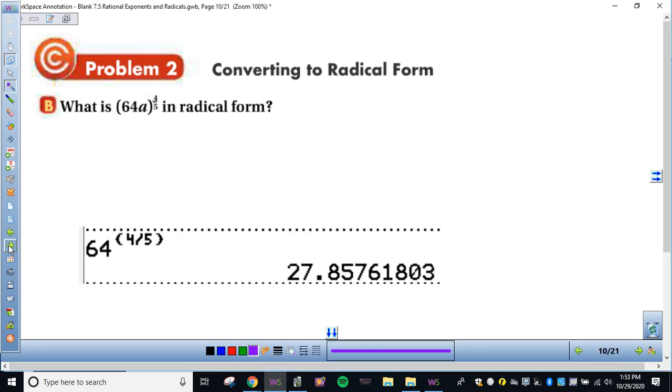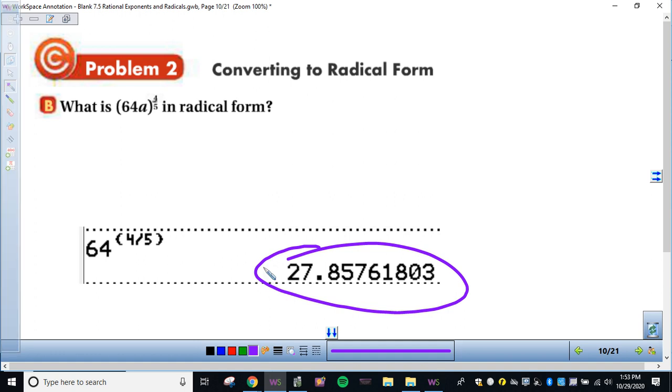So I just did 64 to the 4/5 power in the calculator to see if I got a whole number or not. If I get a nasty decimal like that, it really depends, like when I give you a quiz, if they give you this decimal or not. They probably won't. They just want you to switch from exponential, right? We have an exponent 4/5 to radical form.